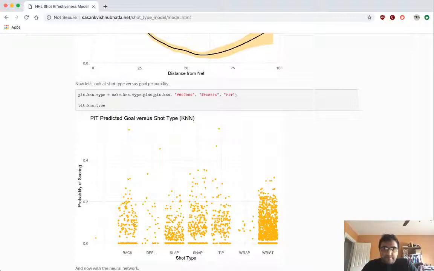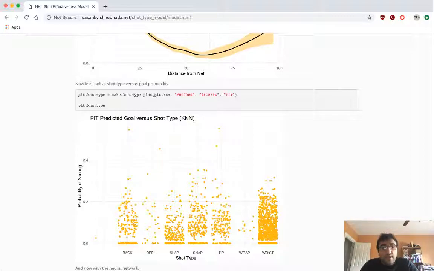So we can see here some of the Penguins' shots, like snapshots, tips, and backhanders, have very high probabilities. But some shots, like wrist shots and slap shots, are very, very dense, which, if we calculate the average of these, bring the average down. For example, for the average slap shot, we see that their highest probability is a bit over 0.2, almost 0.25 or 25%.